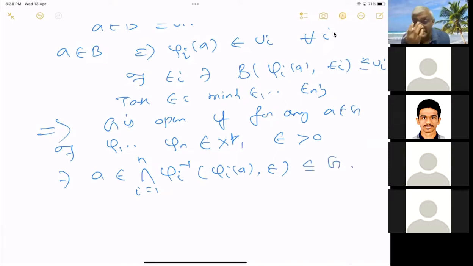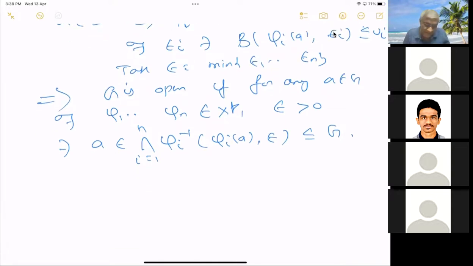I have just written the definition of open set, using whatever the given information, I have just written it like this.